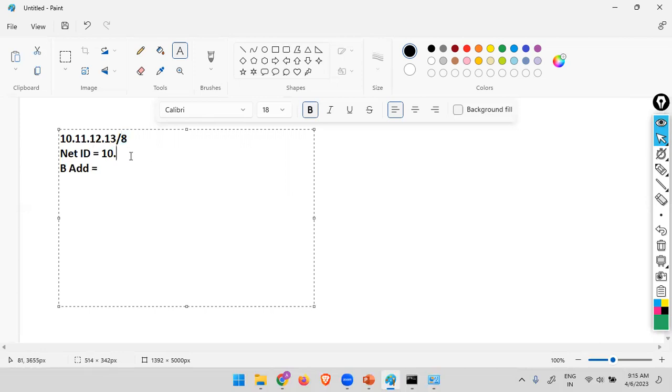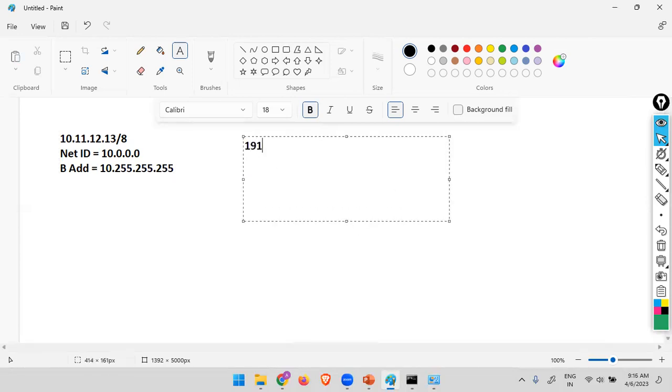Total number of bits in IPv4 is 32, out of them 8 is network, so how much is host? 24. This part is network, remaining 3 are host. When we set the host part to minimum, that will be your network ID. Host part maximum, broadcast address. So what will be the broadcast address here? 10.255.255.255. Correct.